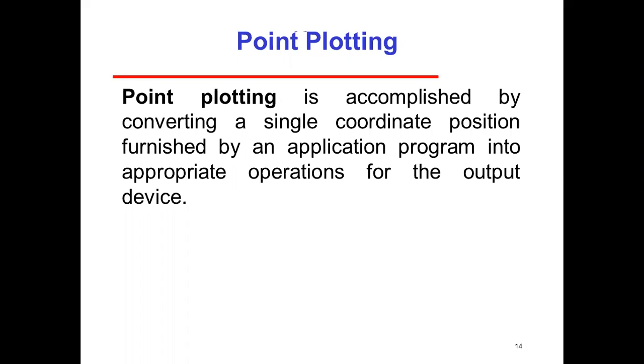With the help of the pixel we can put a point. So we can use that pixel as a point. If we have a single point, that is called the dot.